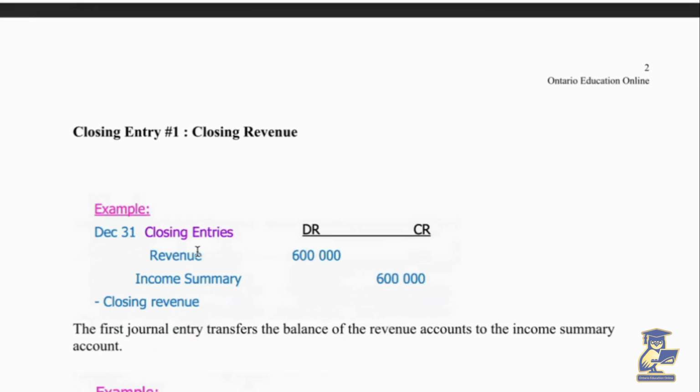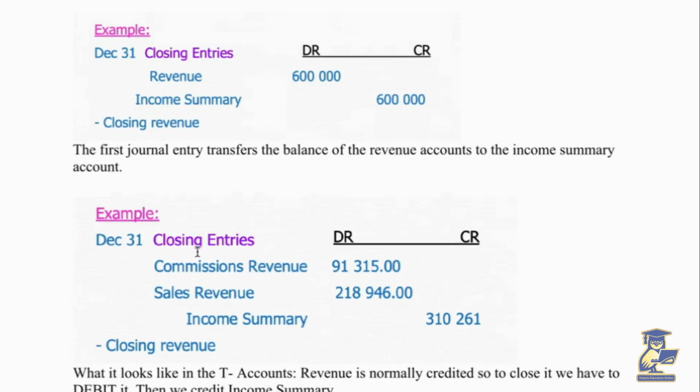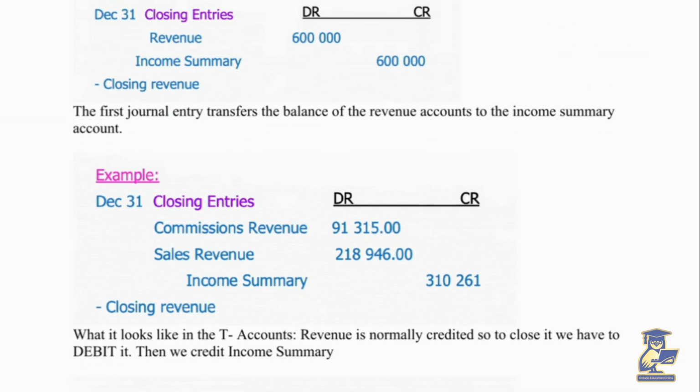Okay, so let's see it in practice. Let's look at these journal entries. So our first closing entry will be closing revenue. So as we know, revenue increases our owner's equity. It typically has a credit balance. So in order to cancel this revenue account out and to make it have a zero balance, we have to do the opposite. And so in this case, we are going to debit revenue.